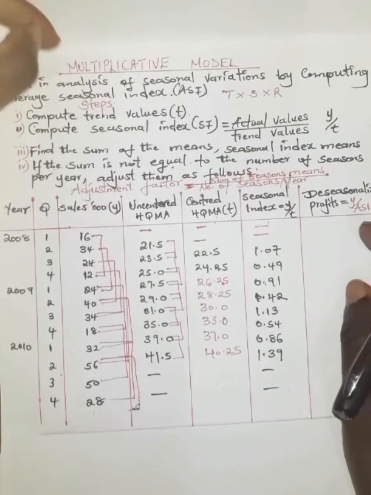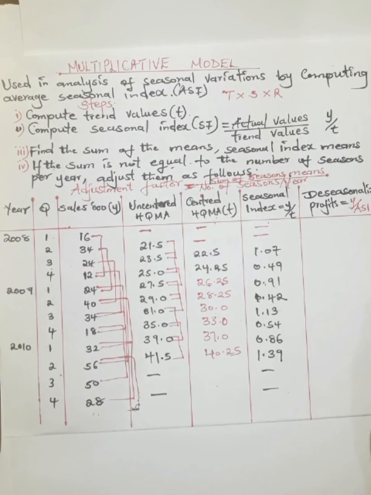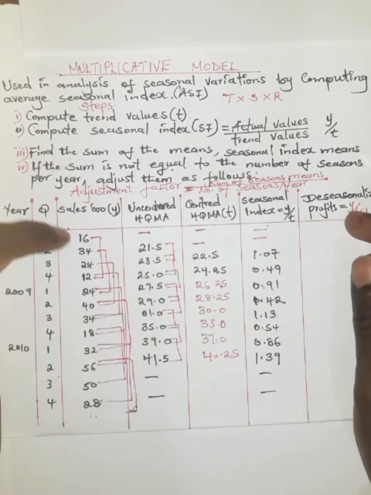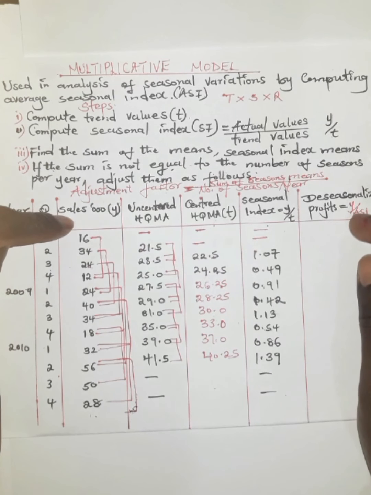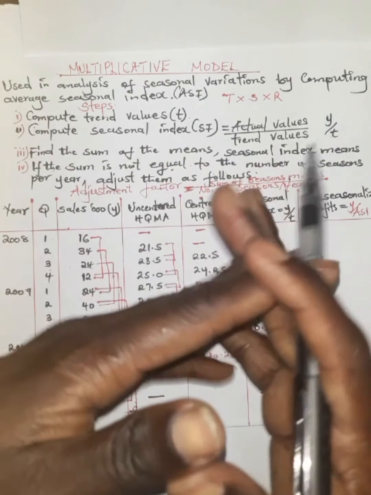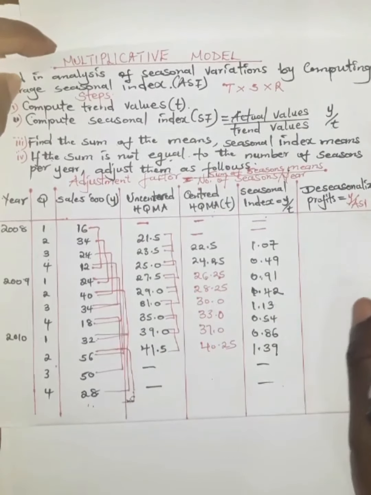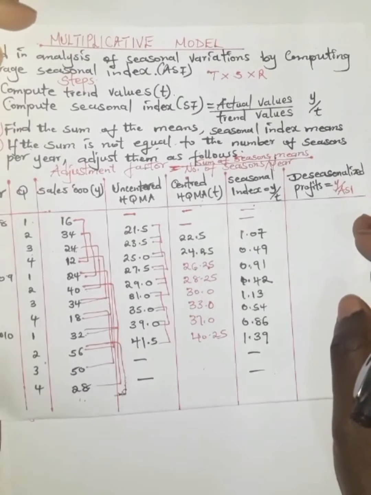Then now, a question can arise whereby you are told to deseasonalize the profit. Remember, these sales generate some profits, and these profits depend on some element of variations that are going to come in. So how do we actually deseasonalize the profit?